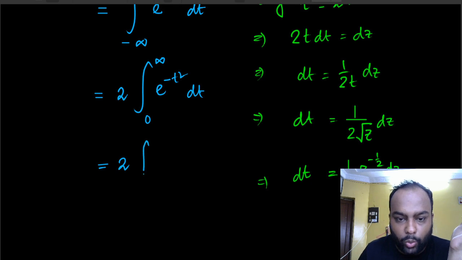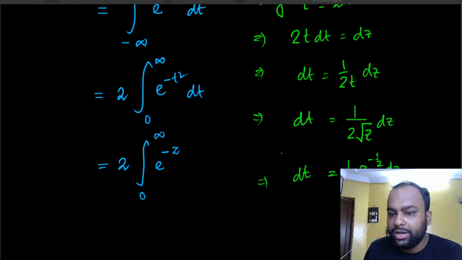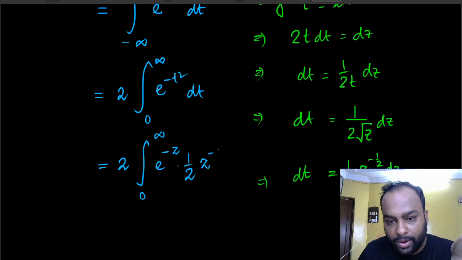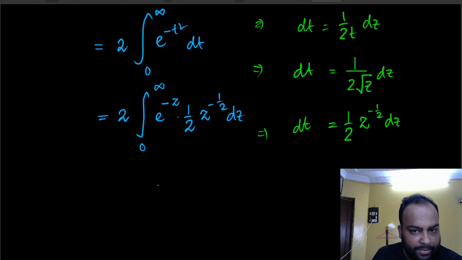So we have from 0 to infinity, e to the power minus z, and in place of dt, I shall write half z to the power minus half dz. That's quite suitable here.